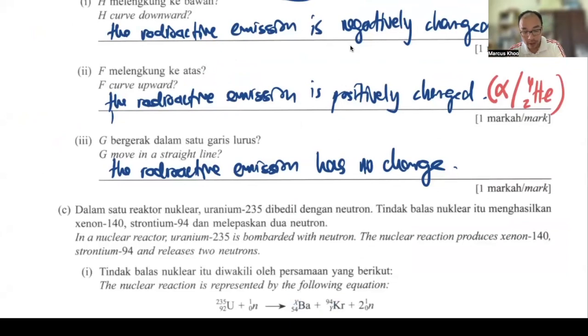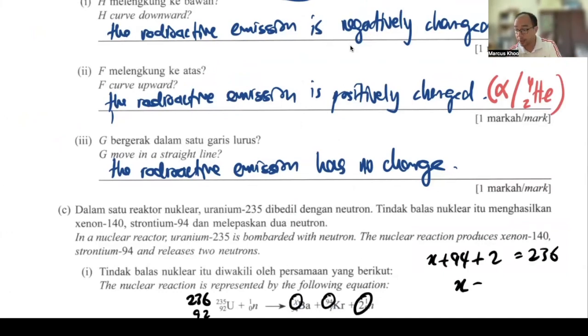On the left side, 235 plus 1 is 236, and 92 plus 0 is 92. At the top over here, it will be X plus 94 plus 2 times 1, which is 2, equals 236. So you get X equals 143.